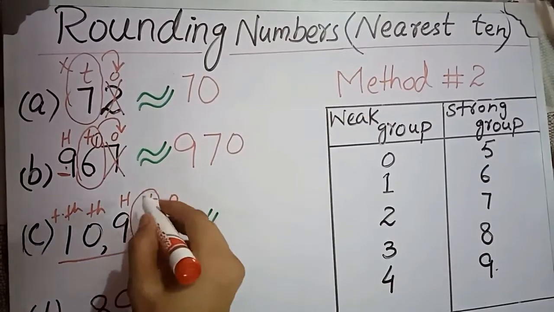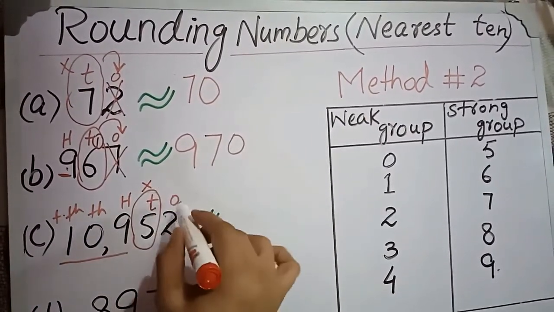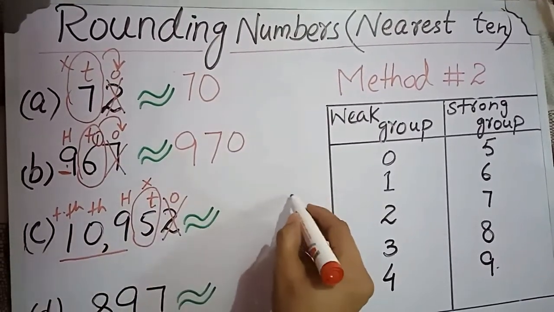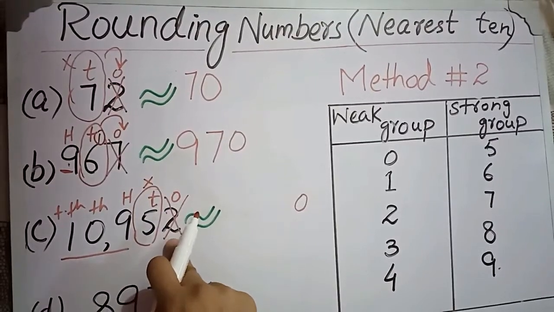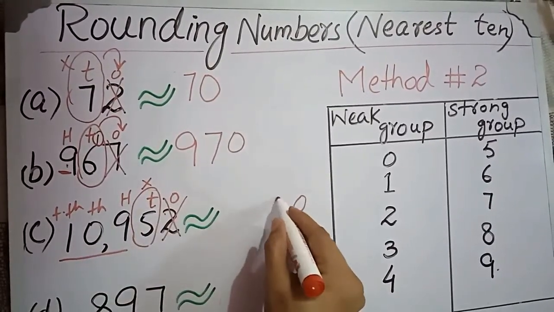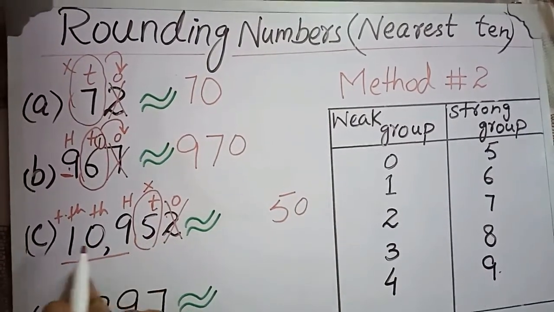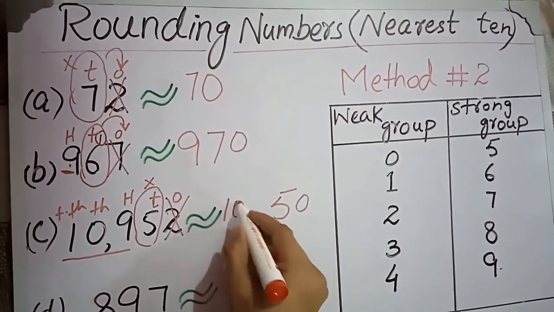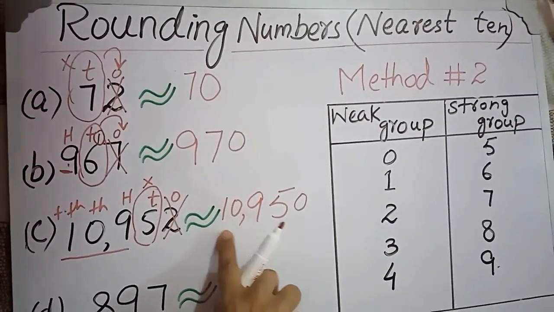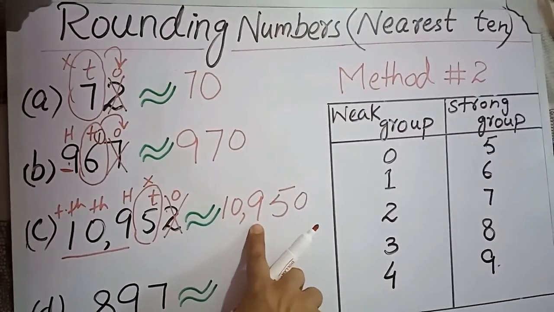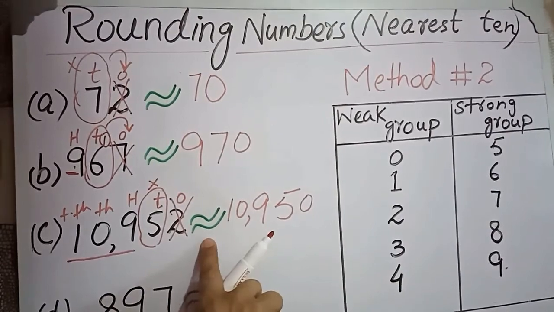That's why we will not add 1 here, and it will vanish to become 0. The 5 will be the same because the next number was a weak group number, and these are the constant numbers. We will put them as they are. Now the number is 10,950. This is the answer after rounding off the number.